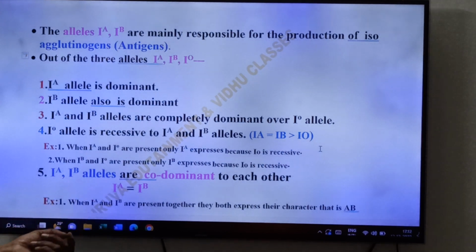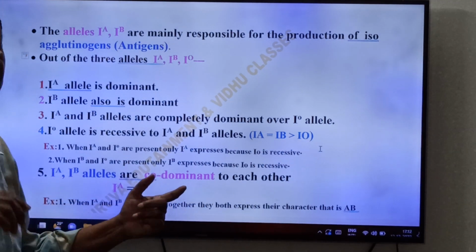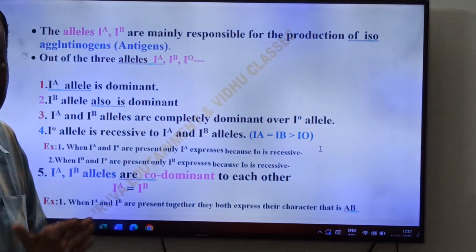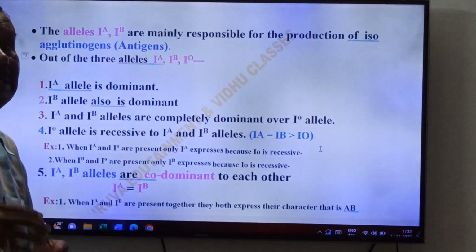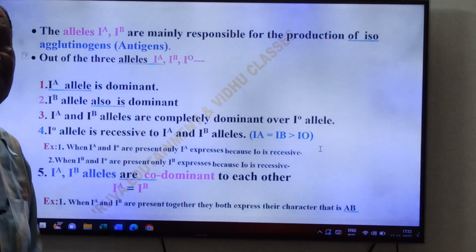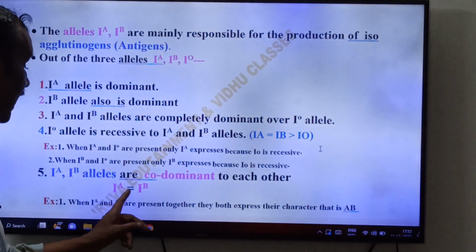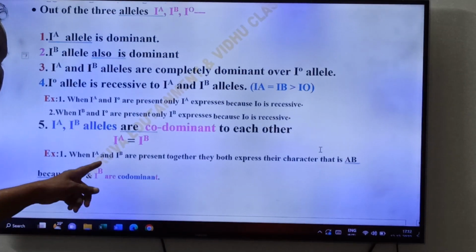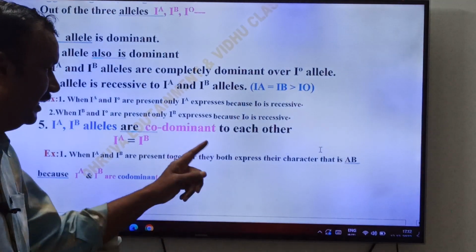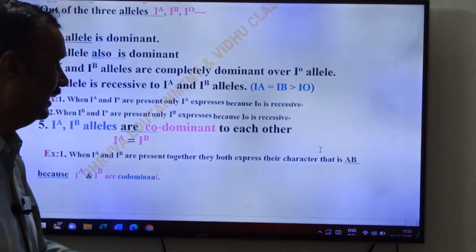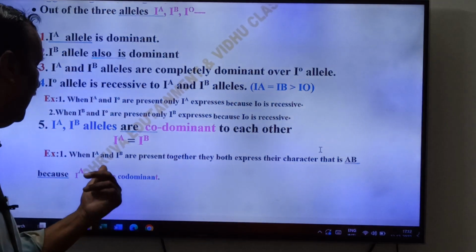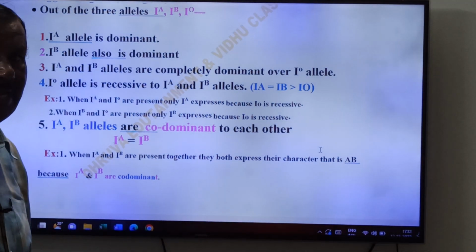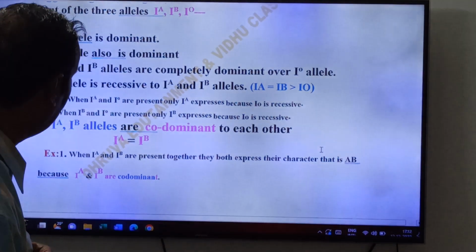If IA and IB are both present, they are codominant to each other, so the individual gets the AB blood group. When IA and IB are present together, they both express their character, that is AB, because IA and IB are codominants.